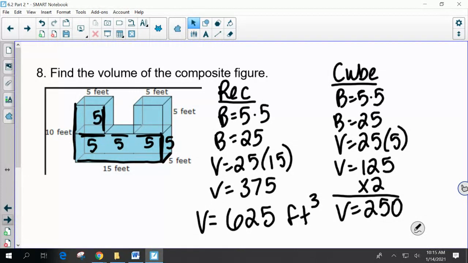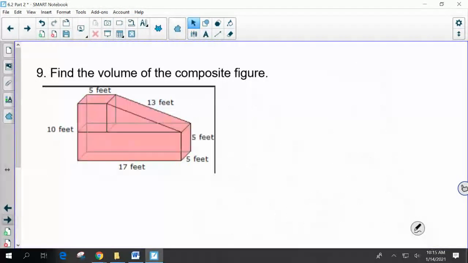Okay, so the very last picture is the hardest one yet. Can we skip it? We're not gonna skip it. What 3 shapes do we have here? Triangle, 2 rectangles. Triangular prism and 2 rectangular prisms. Okay, this is confusing, but you kind of have to use it like a puzzle and figure it out.